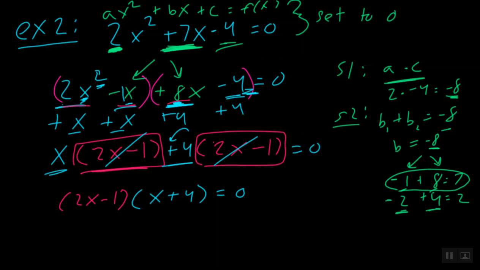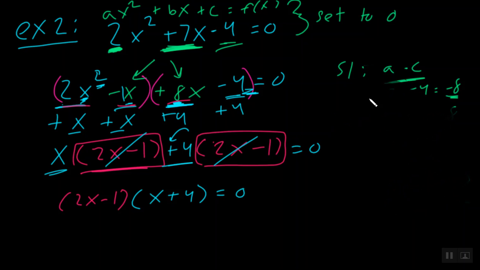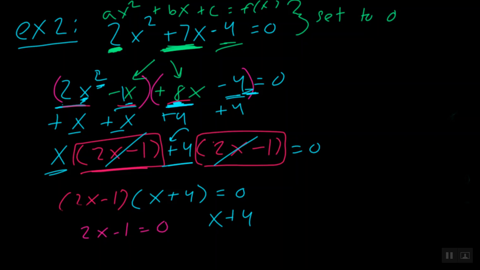Now remember, whenever you do this, both of these factors have to be set equal to 0. So in this first case, we write 2x minus 1 is equal to 0, and in our second case, x plus 4 is equal to 0.